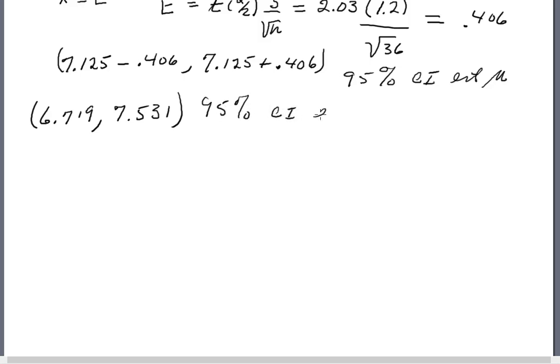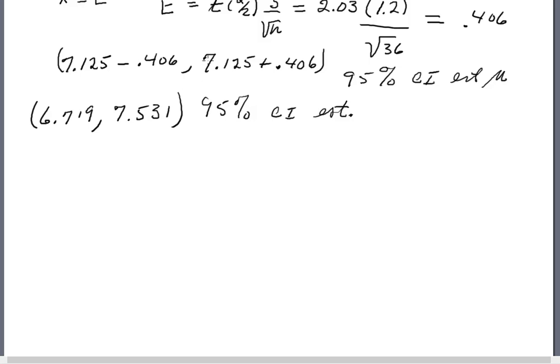confidence interval estimate. And let's take just a second and talk about what does that mean, 95% confidence. It means if I would repeat this procedure, take a sample of size 36 and calculate a left-hand endpoint and a right-hand endpoint just as we did before, we would get slightly different numbers here. Now, why would we get slightly different numbers?